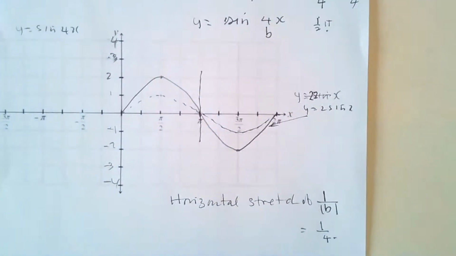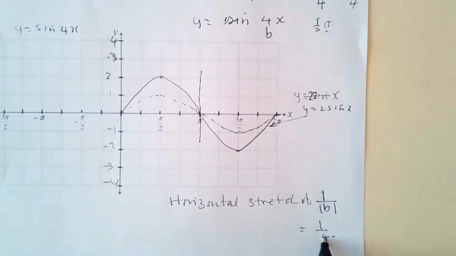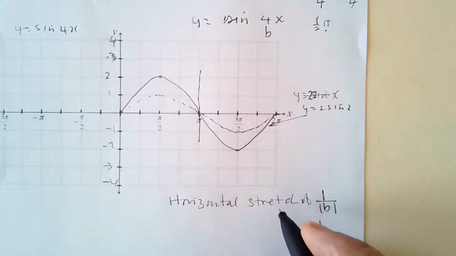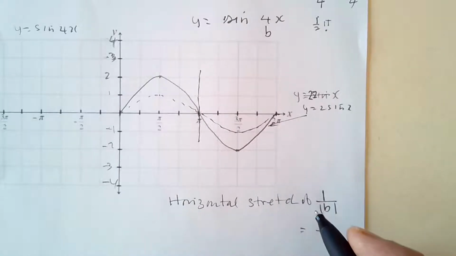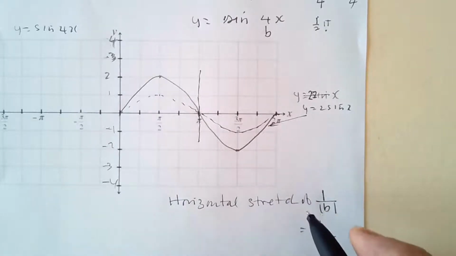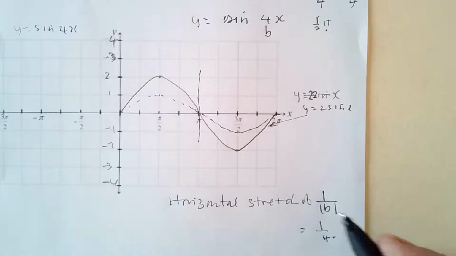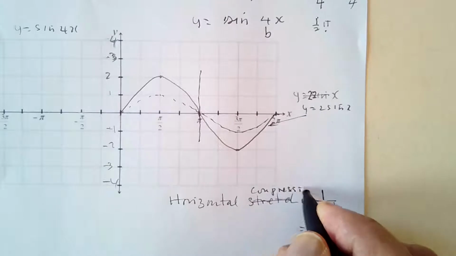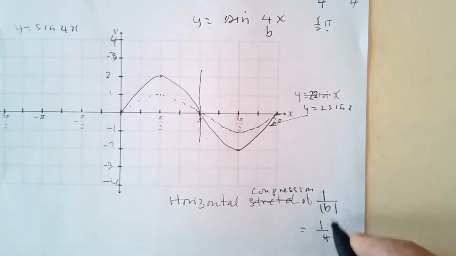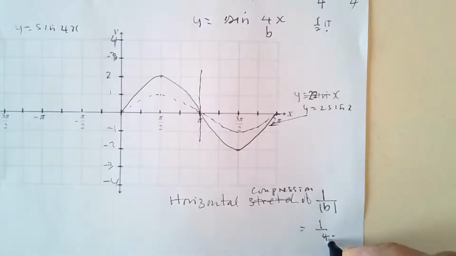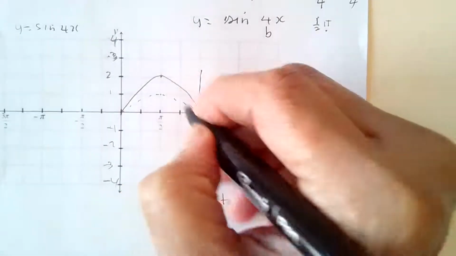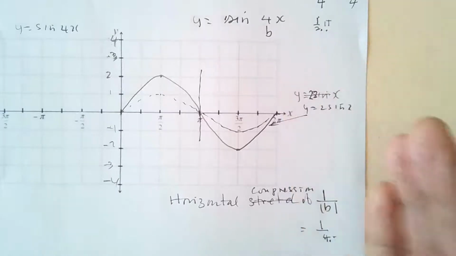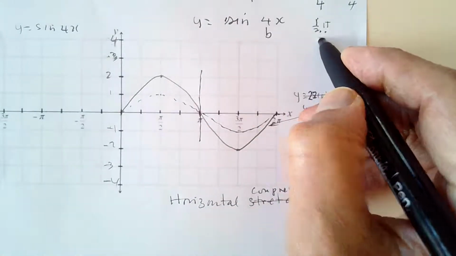We already established that is a horizontal stretch, or it's actually a horizontal compression, right? We said more or less a horizontal compression, not a stretch. Compression of a quarter. Okay. So now the period is a half. So it's compressing by a quarter, or the period is a half.